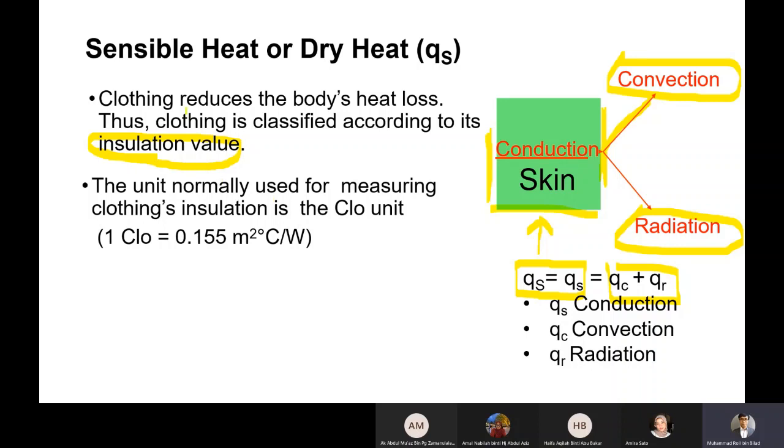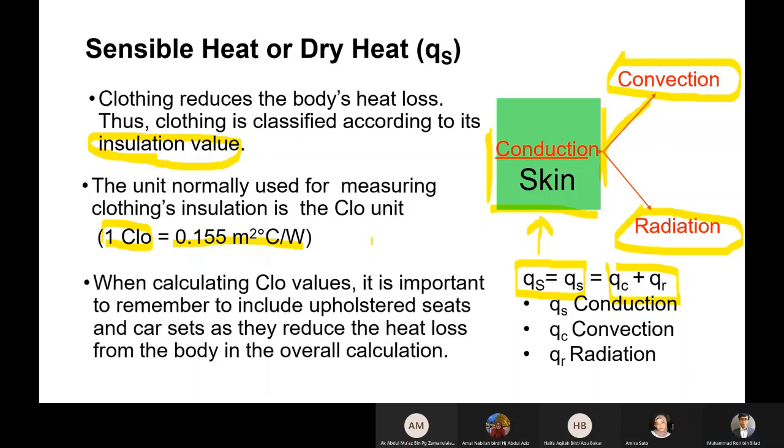There is some empirical data on clothing, and there is a unit called one CLO, which is equal to 0.155 meters squared degrees Celsius per watt. This value is derived from, I will come back to this one later on.